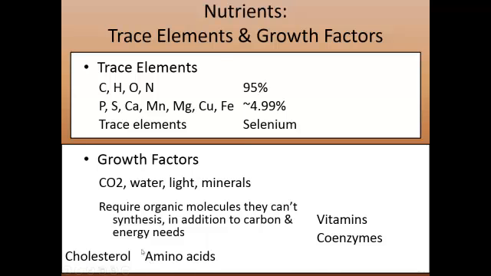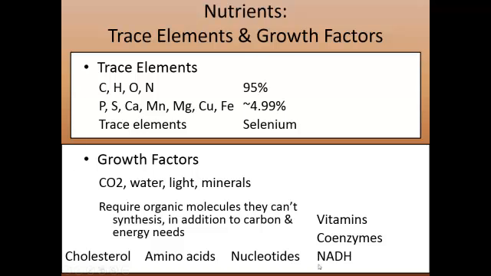Some organisms need extra amino acids. We humans, we have essential amino acids that we can't make ourselves, so we have to get them in our diet. And there are some bacteria that are in the same category. They have to be provided these amino acids. Nucleotides, there are some microbes that can't make their own nucleotides, so you have to put them into the media to grow them.